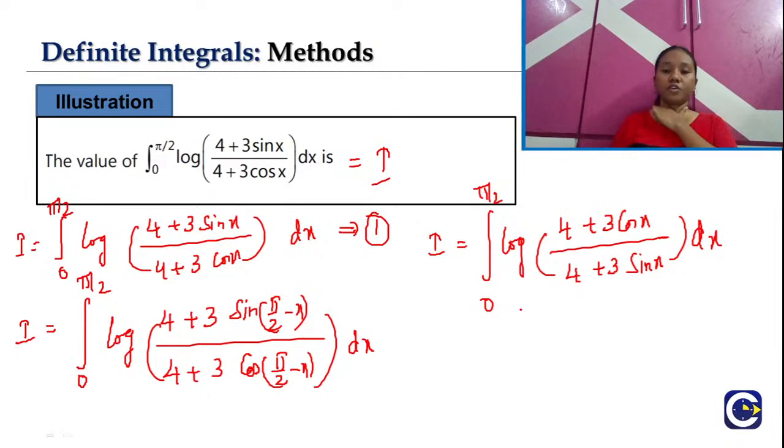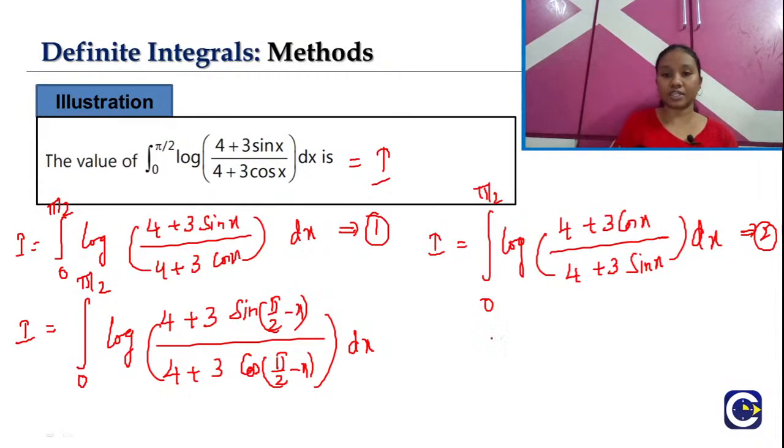Right. So now if you observe, let this be equation 2. If we compare our both equation 1 and 2 here, equation 1 is having 4 plus 3 sin x in the numerator, whereas in our equation 2 we are having 4 plus 3 cos x in the numerator.